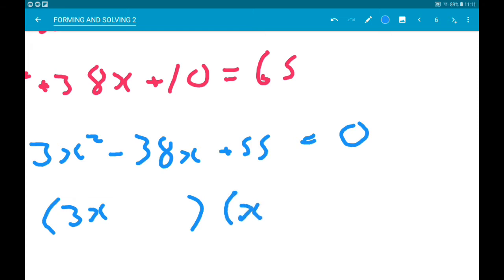Now, because we have a positive 55 at the end, which comes from multiplying the two numbers in the brackets, but a negative 38, that tells us both numbers are negative.